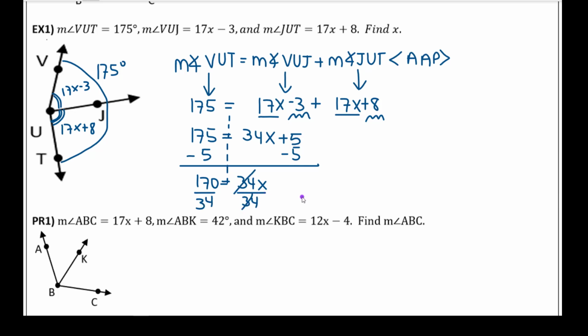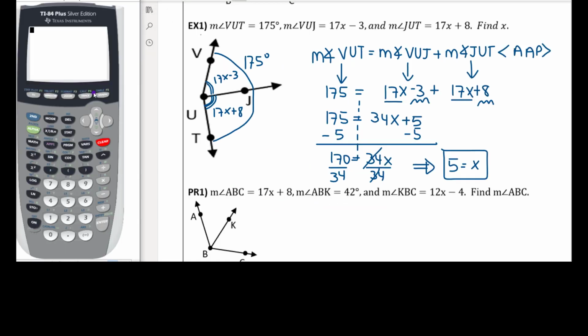The 34 cancels. I don't have any space on the bottom, so I'm going to write the answer right here. 170 divided by 34 is 5. Don't forget that you have a calculator that you can use. So 170 divided by 34 equals 5. There we go.